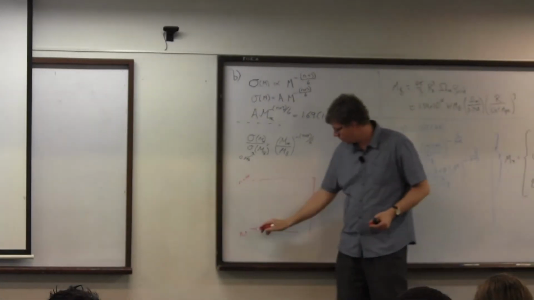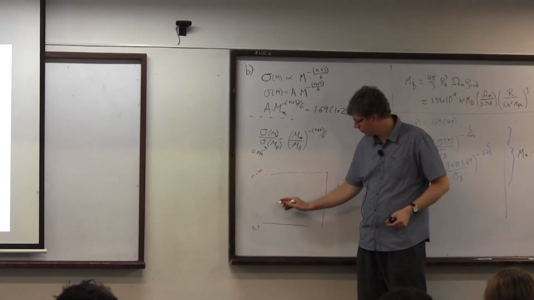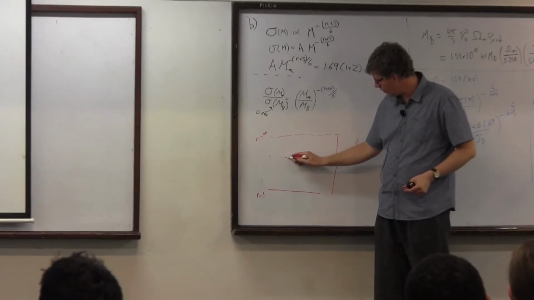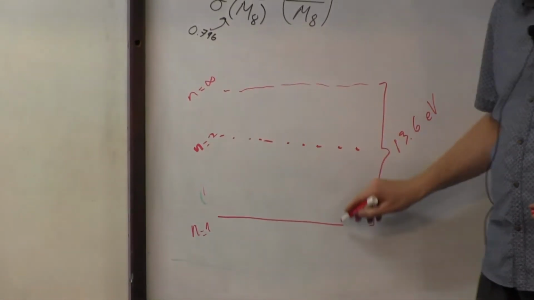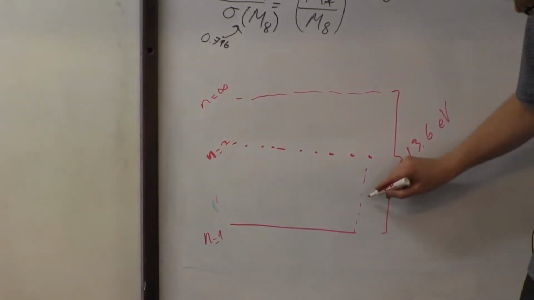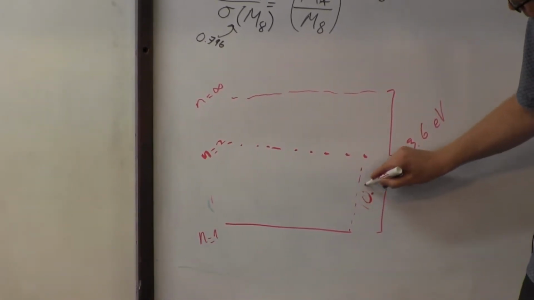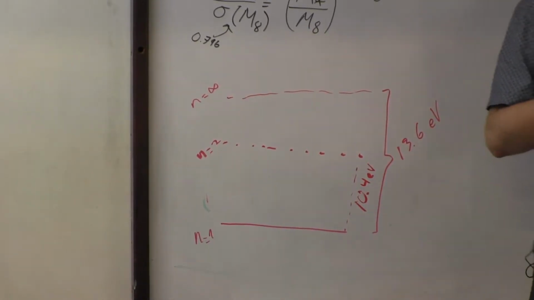But to excite hydrogen, you're all down in the first level, and the next level up is n equals 2. This energy difference, I never quite remember exactly what it is, but it's something like 10.4, I think, electron volts, which is still quite high.